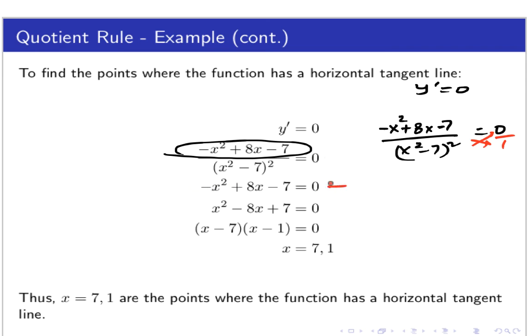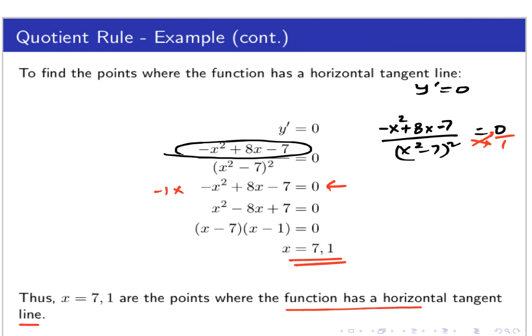So this is the main thing for us. You get minus x squared plus 8x minus 7 equal to 0. I don't like to have a negative in front of the x squared, so I've multiplied the whole expression by minus 1. And we get x squared minus 8x plus 7 equal to 0. And when you do the factors, x minus 7 times x minus 1, you're getting x to be 7 and 1. Now remember, these are the points where the function has a horizontal tangent line.